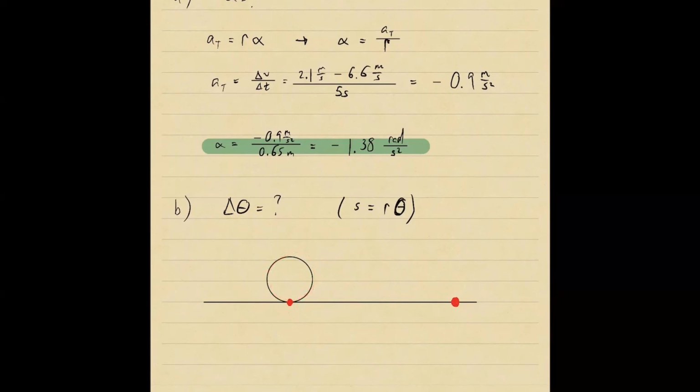But the distance here is equal to, since this thing isn't slipping, it's just equal to the arc length S here. So this is just the arc length S. It's just the radius of the tire, but the tire has gone around one full time, so it's gone around 2 pi radians.